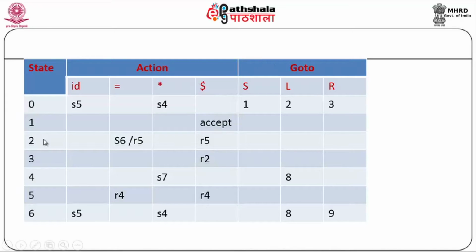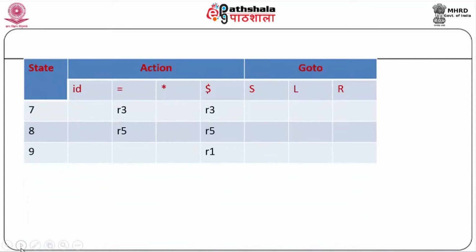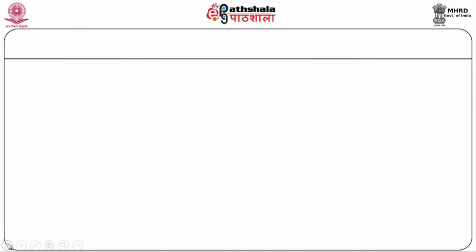Similarly, at the second, I2 comma equal to goes to S6, and I4 comma star is S7, I4 comma L is 8, I6 comma ID is S5, I6 comma star is S4, I6 comma L is 8, I6 comma R is 9. Similarly, I have the other 2 states, I7. These are reduce actions only, we will come back to them. So, shift is over.